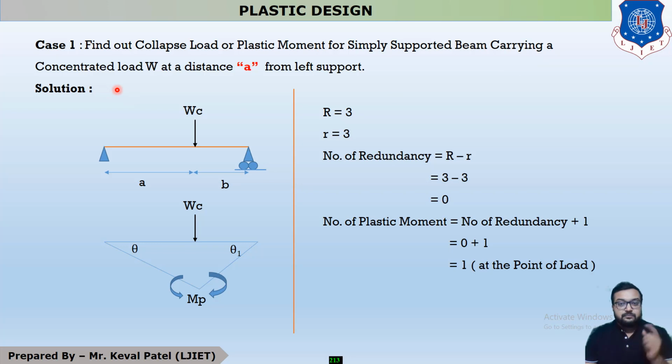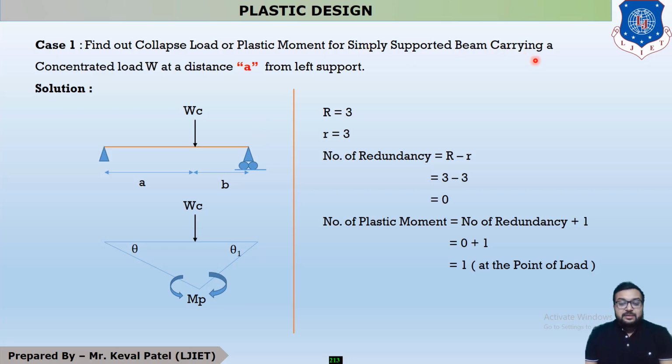Now, a concentrated load is also called a point load. So it is capital W at a distance small a from the left support. You can see that in this figure, this is your simply supported beam in which your left support is a hinge support and your right support is a roller support.